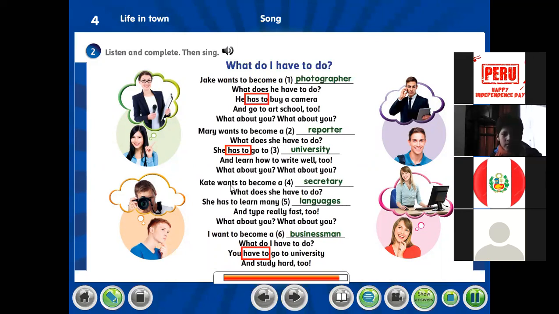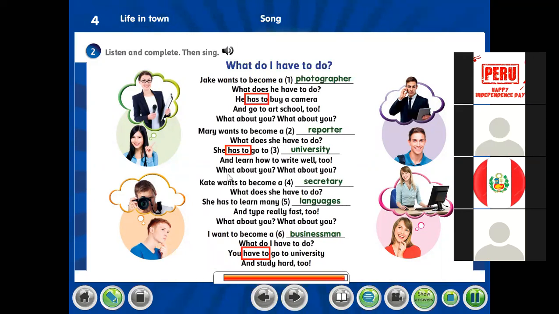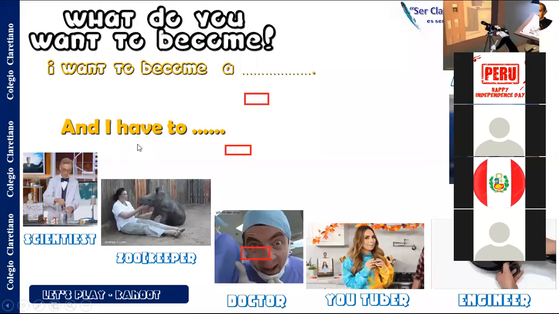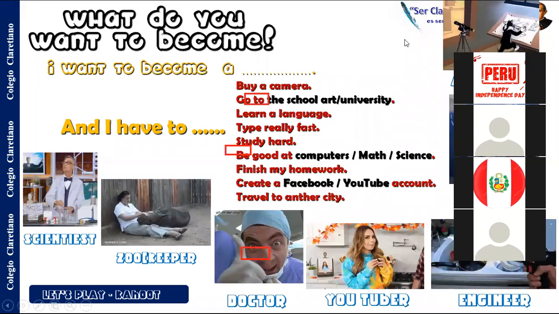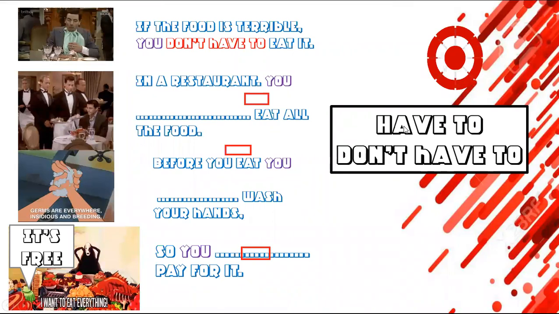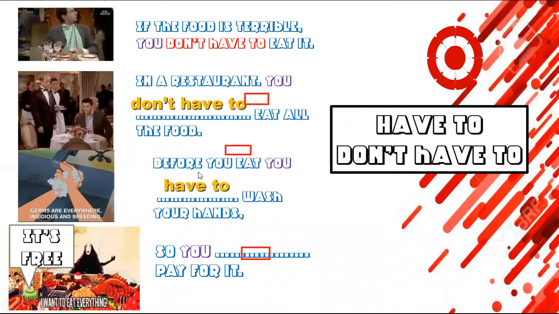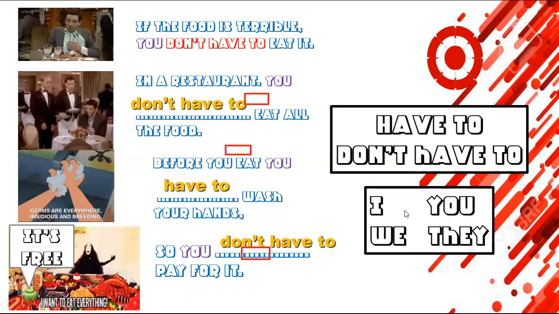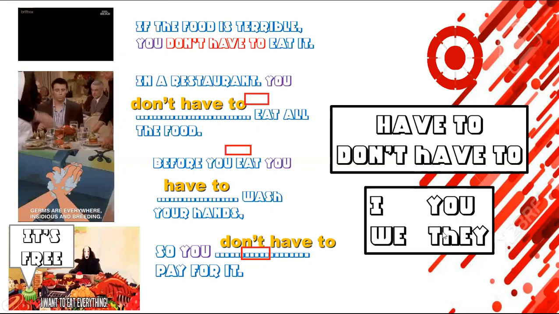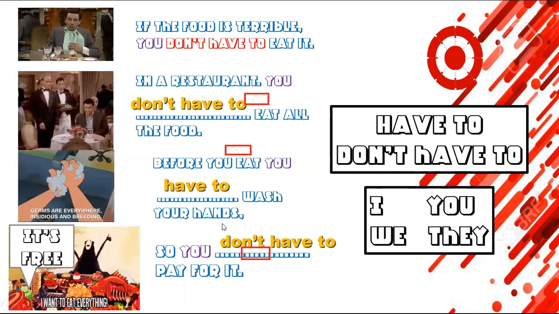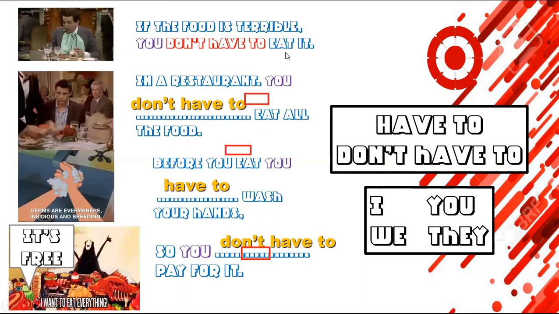Remember, we use have to for obligations. Notice the difference, please. When we use have to or don't have to, the negative, remember, is with the personal pronouns I, you, we, and they. For example: You don't have to eat.